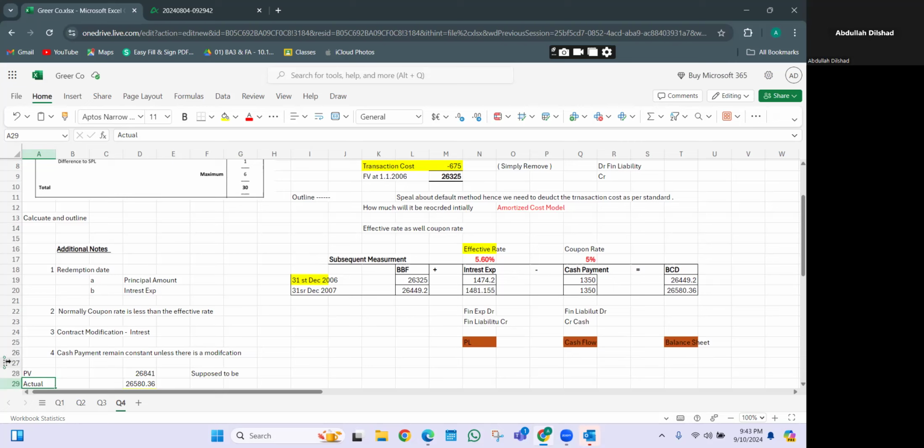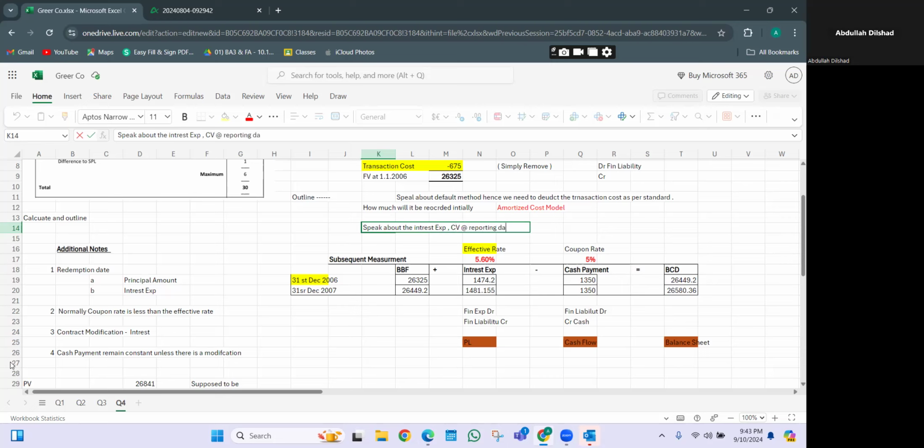So, speak about the interest expense, carrying value at the reporting date and the coupon rate being the same.